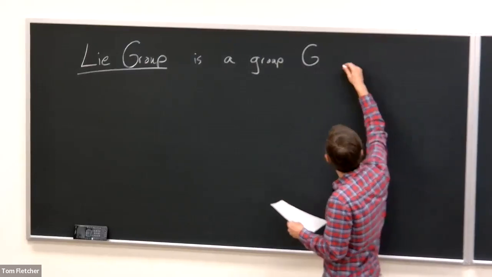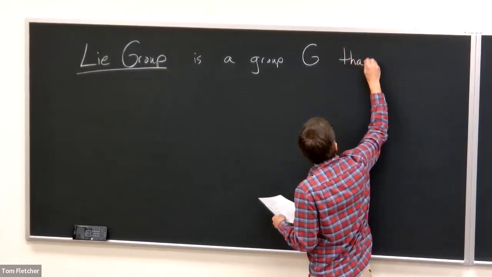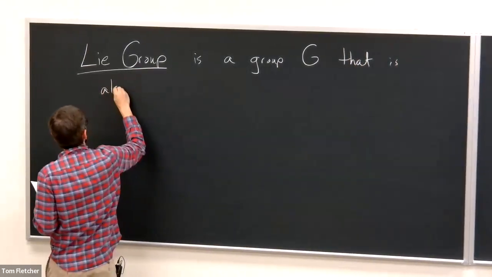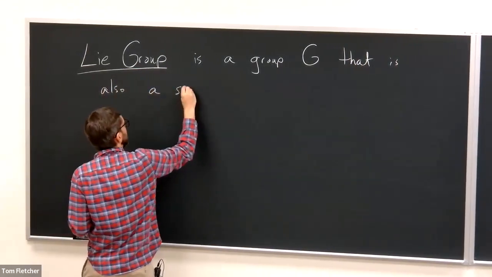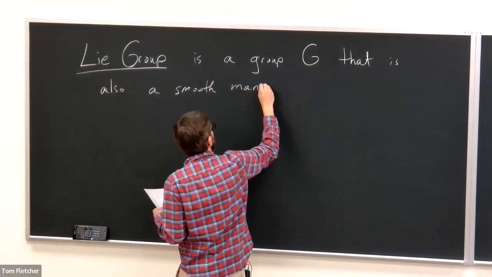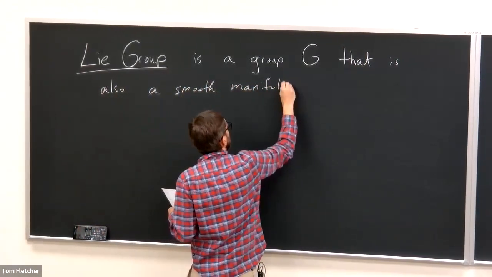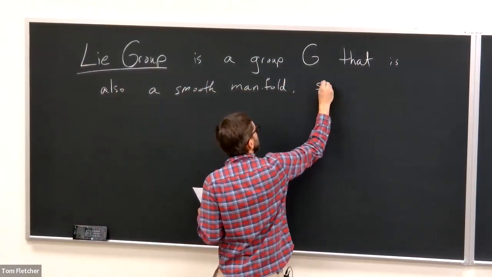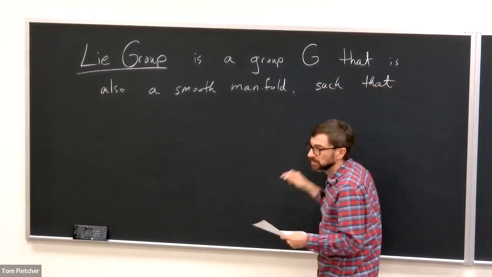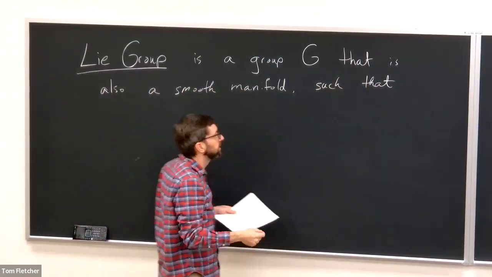It's a group G that is also a smooth manifold, such that the group operations are smooth mappings.